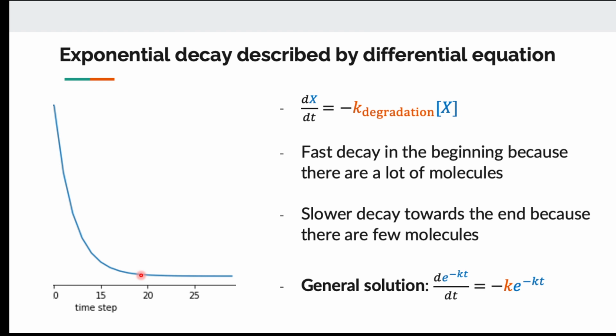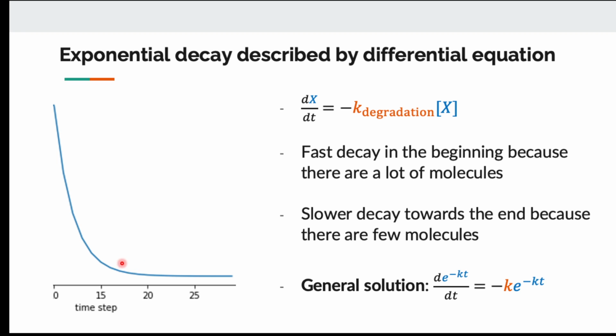And you are already familiar with this, probably somewhat, from either calculus or chemistry class. Then we talk about exponential decay, like for radioactive material. We saw this graph a lot, where half of the molecules are lost after a fixed time step.